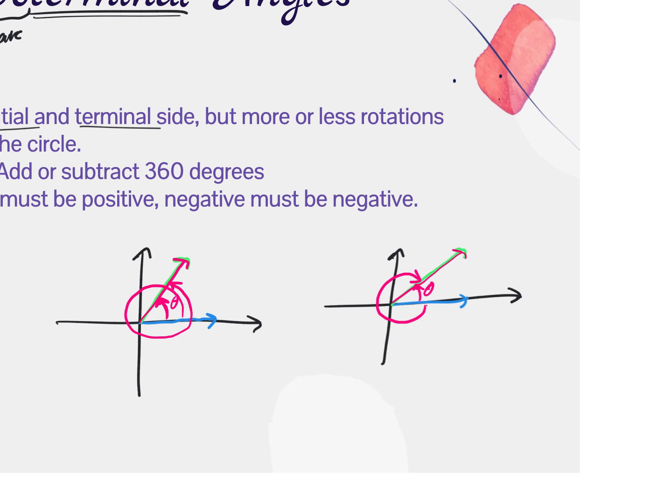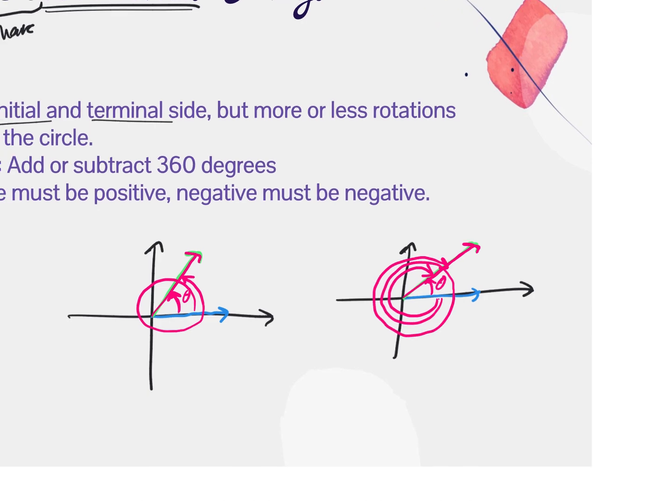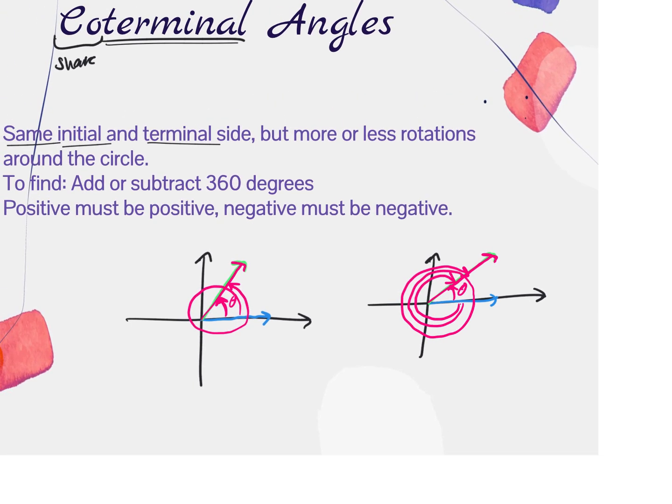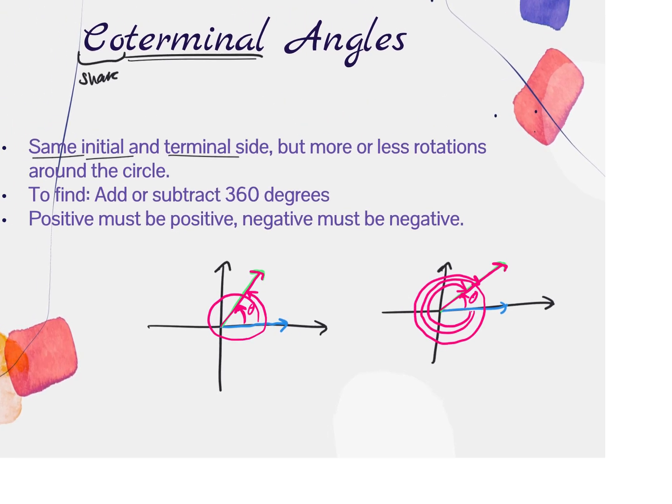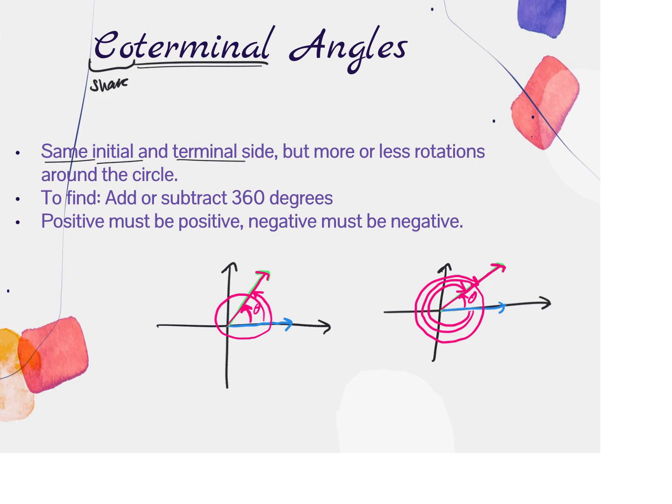Now I can go back again. If I go back a full circle and then back again, I see a whole bunch of spirals here. I just keep looping and looping around. But with circles, you're allowed to do that. You're allowed to go around a full circle and still end up at the same spot.